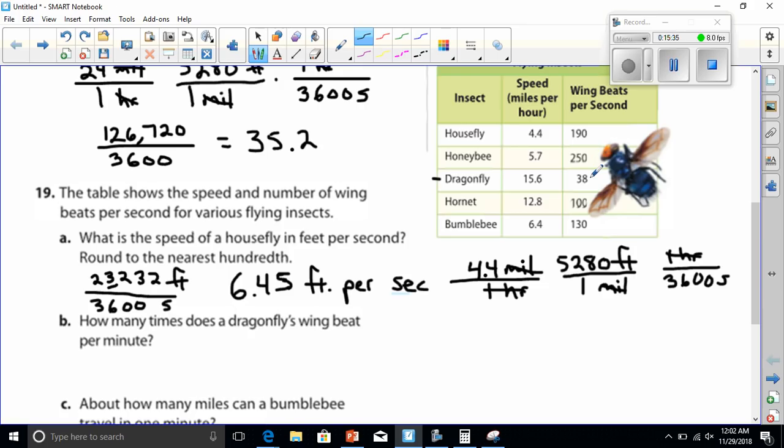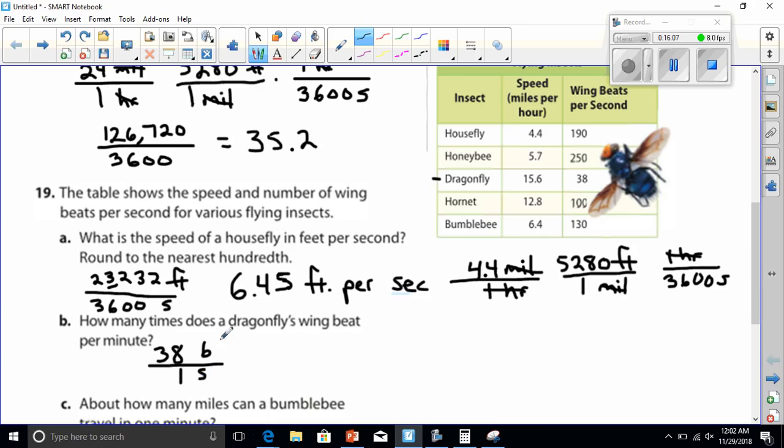So let's go ahead and work that out. How many times a dragonfly? We've got, it's 38 beats per every 1 second.